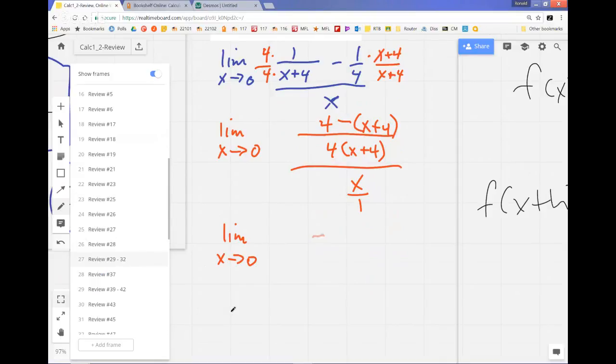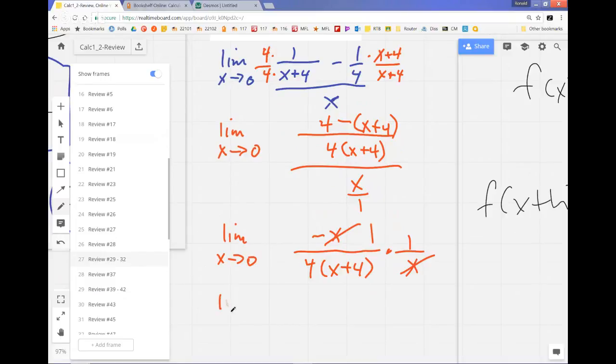So what we get on the top is minus x. And on the bottom, we get this 4 times x plus 4. And then you invert and multiply for this thing. Oh, and the x's cancel. And x was what was causing the problem. So x's cancel. You get a 1 on the top.